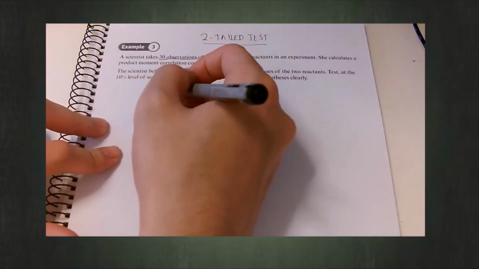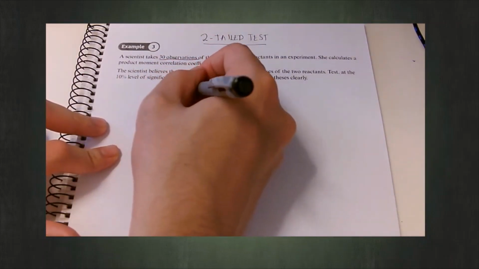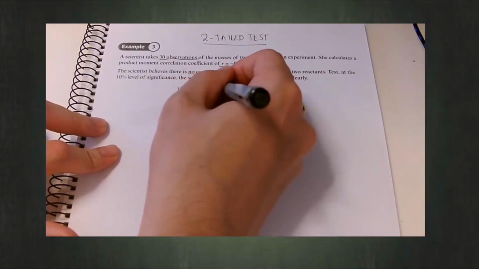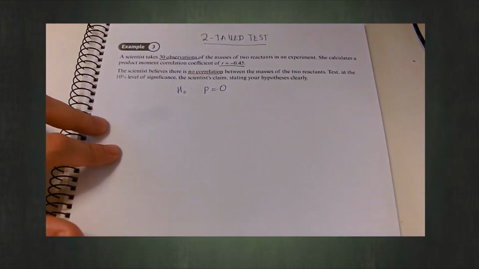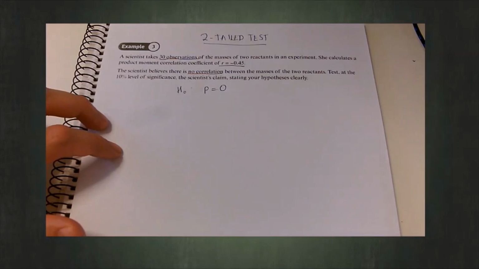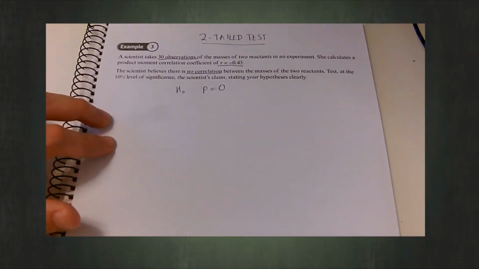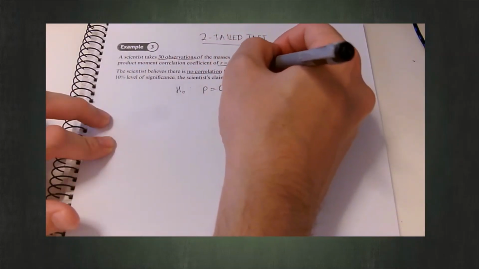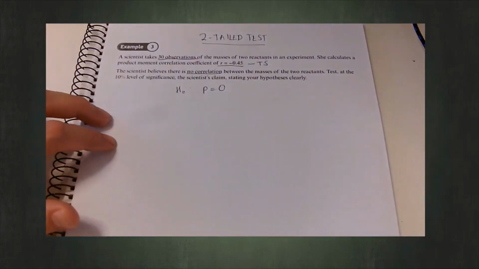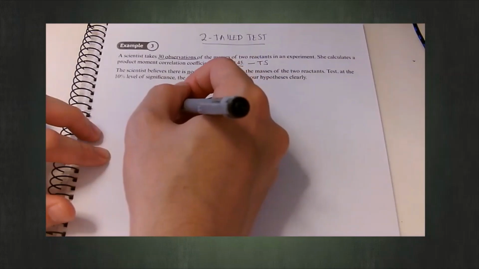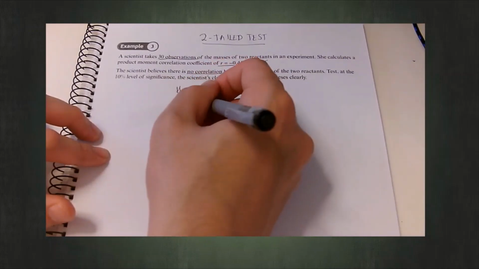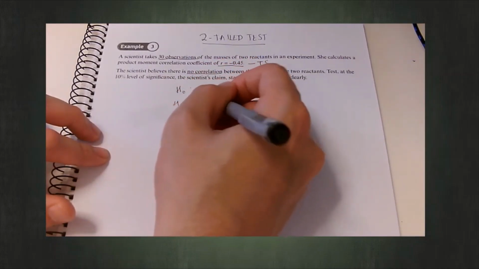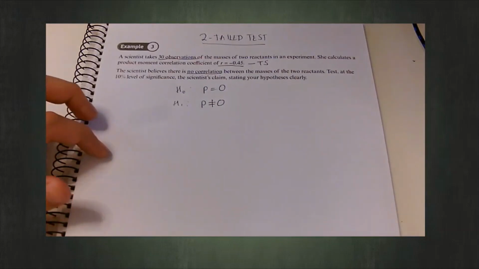So first of all, let's analyze the hypothesis. The null hypothesis is always rho is equal to 0, the population PMCC is equal to 0. Remember, the test statistic is what the scientist has calculated. The alternate hypothesis, however, is going to be that rho is not equal to 0.